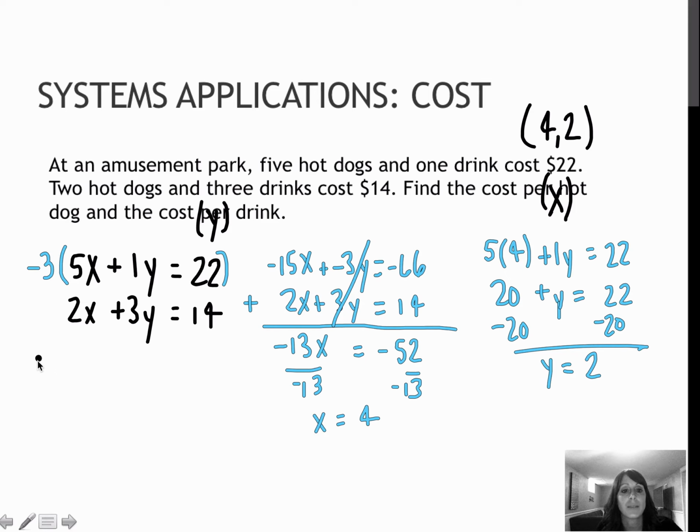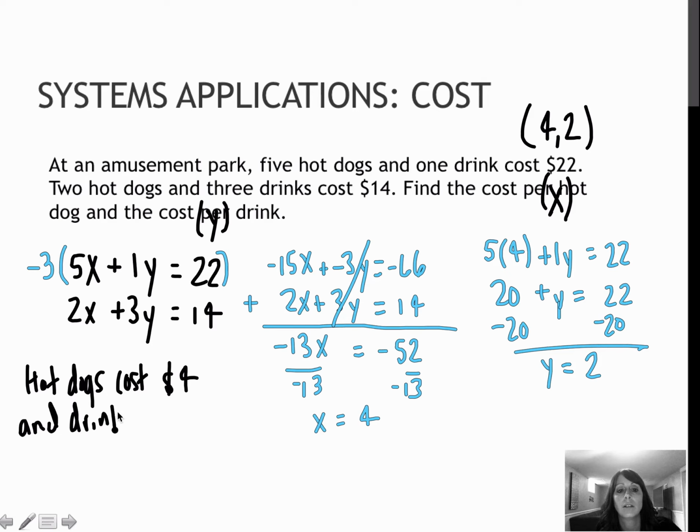So I would write, hot dogs cost $4 and drinks cost $2. So I'm saying what x stood for and what the result was with the correct label, what y stood for, the result, and the label.